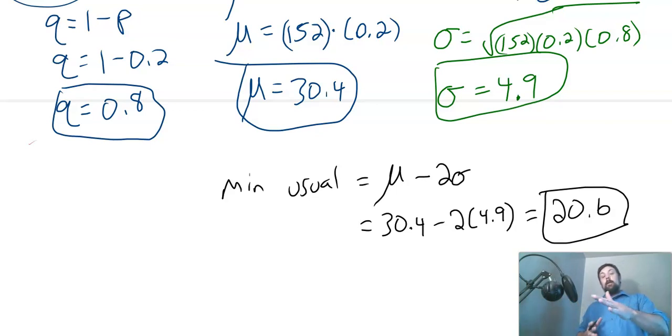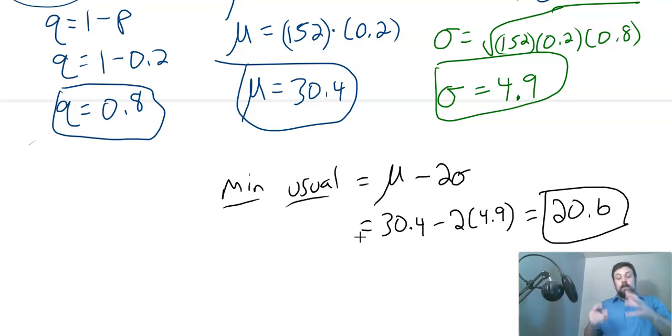However, the minimum usual value is 20.6, which means that if we only had 25 successes, that would not be unusual to see. That would not be uncommon. 25 is not the expected value, but it's a typical value. Anything down to 20.6 would be considered typical. But if I only had 15 successes out of the 152 trials, that would be unusual because that goes below the minimum usual.